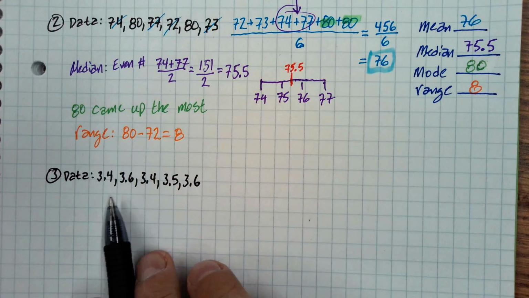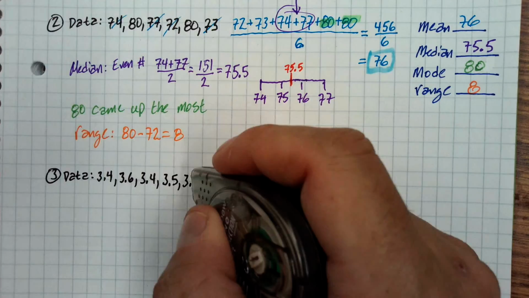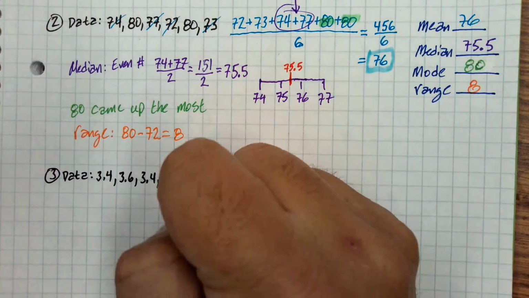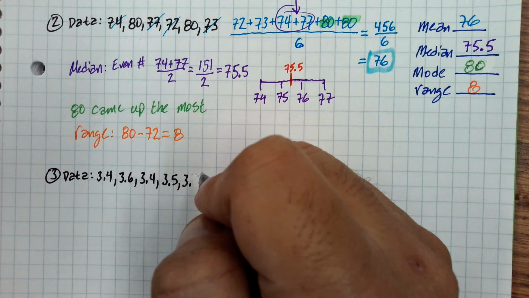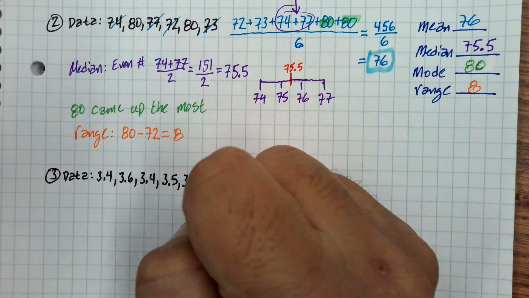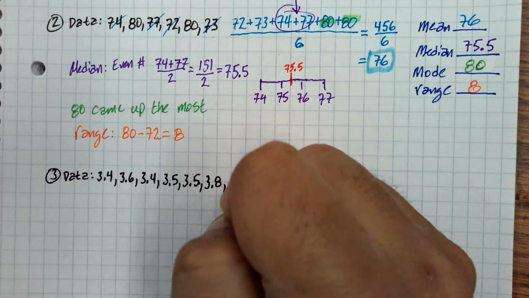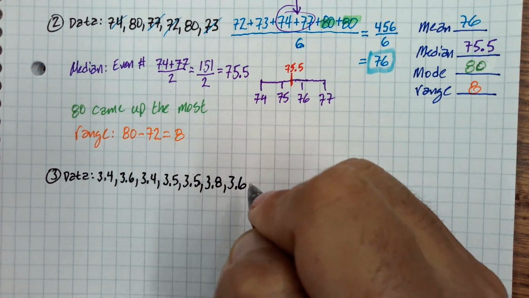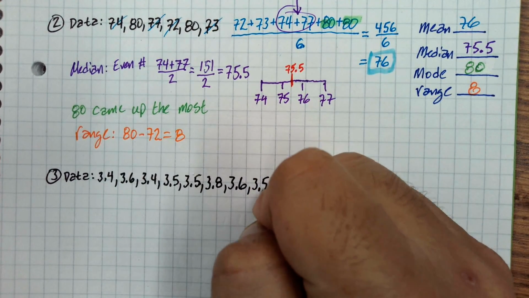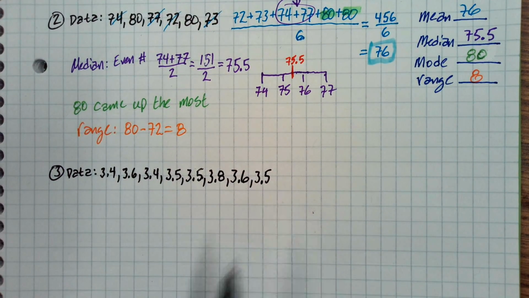My bad, I'm sorry, this was 3.5. It was 3.4, 3.5, 3.5. Then 3.8, 3.6, and 3.5. So those are all the numbers.